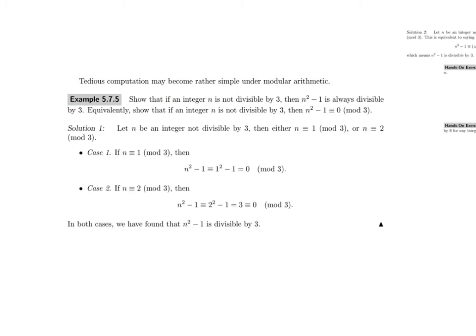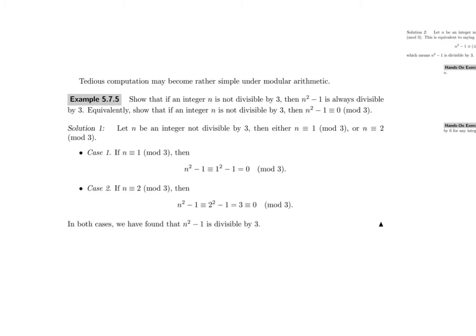Now you might have proved something similar to this in the past, and the way you had to do it was you had to write n as 3q plus 1 and 3q plus 2, because those are the two possibilities when n is not divisible by 3. And then you had to manipulate these complicated algebraic expressions. When we use the language of modular arithmetic, it makes things a little bit easier.